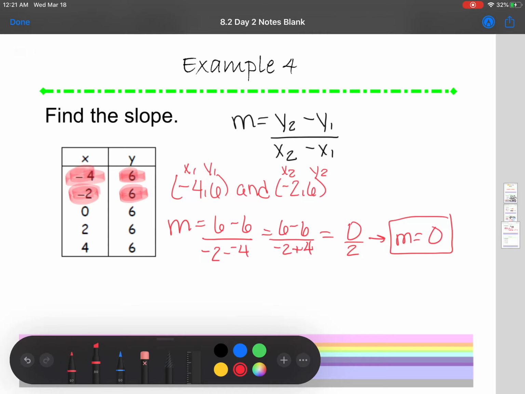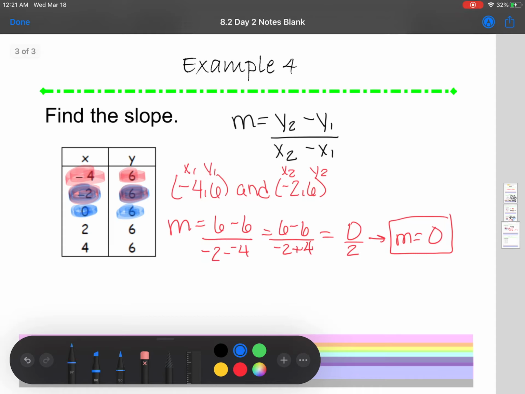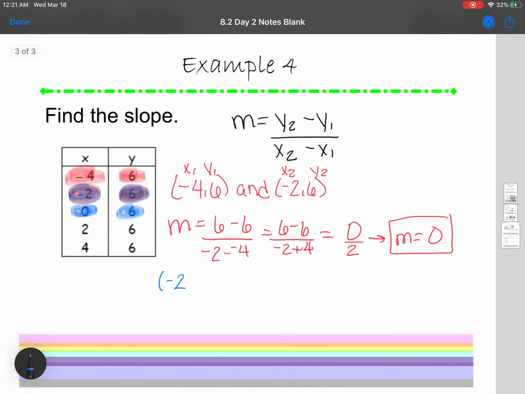Okay, I'm going to do that with another set of points. We'll use negative 2, 6 and 0, 6. x1, y1, x2, y2.